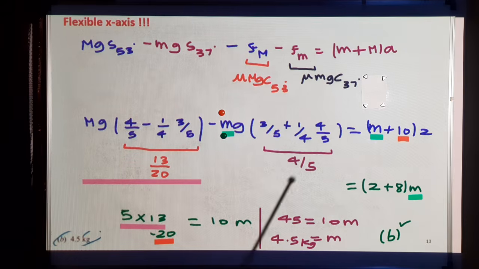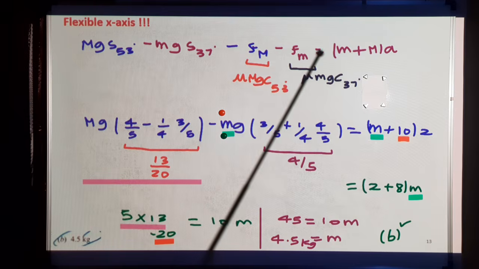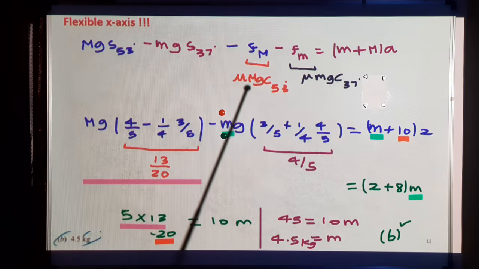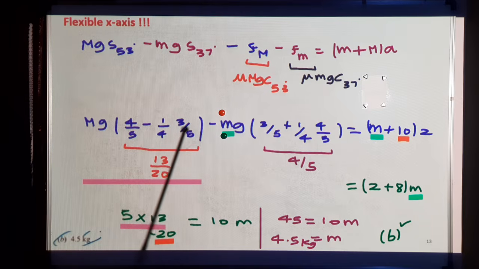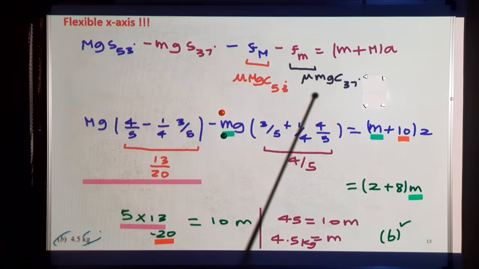So here everything is known except for the small mass. So Mg sine 53, 4 by 5, and then here mu is 1 by 4, Mg I have taken common outside, and cos 53 is 3 by 5. And then small m terms, which is mg sine 37, 3 by 5, and then mu is 1 by 4, cos 37 is 4 by 5.